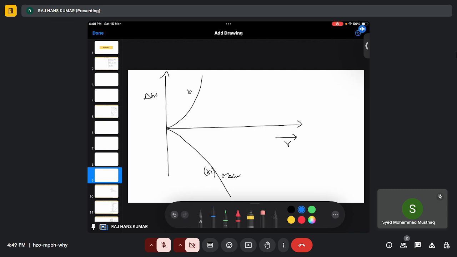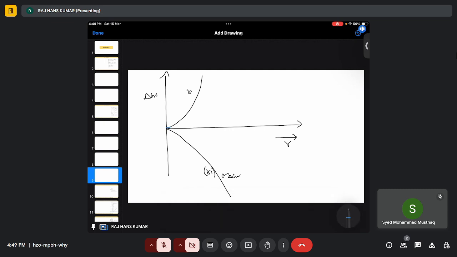So how will R2 look? For R2, again, this will coincide. R2 and R1 for the area term, they are the same. But what about here? Because this is for delta GV, and this one will have lesser negative values.